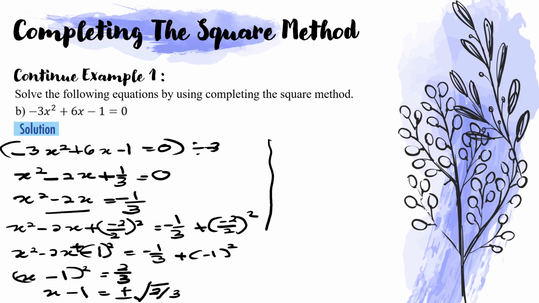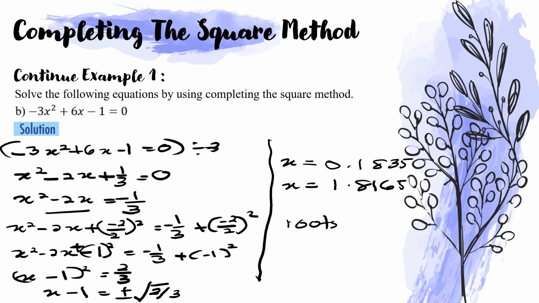Okay, and then solve this one. You press your calculator, you will get two values, which is x is equal to 0.1835 and x is equal to 1.8165. So these are the roots or the solution. Okay, you write it properly, the rest of the solution.